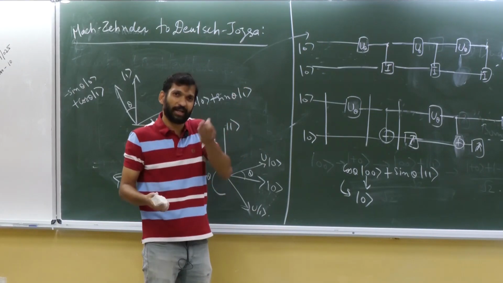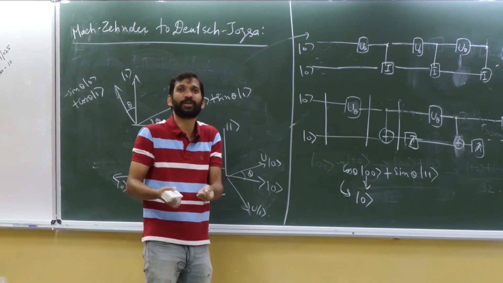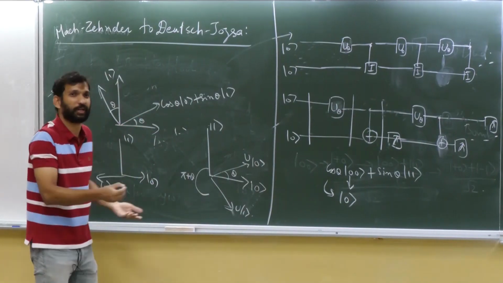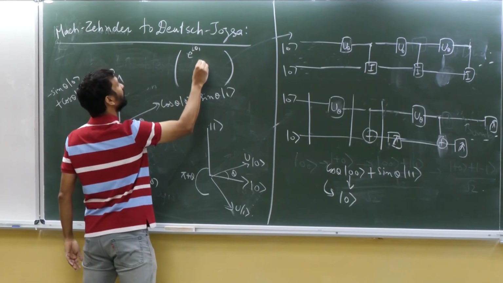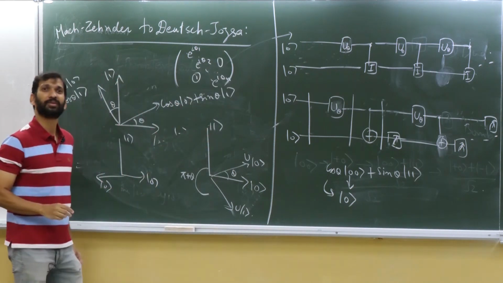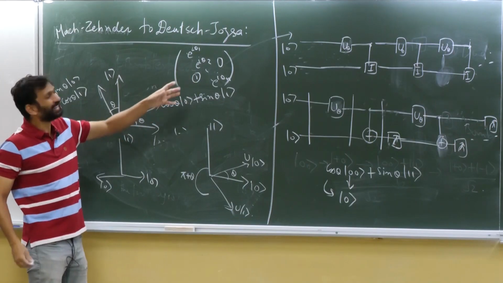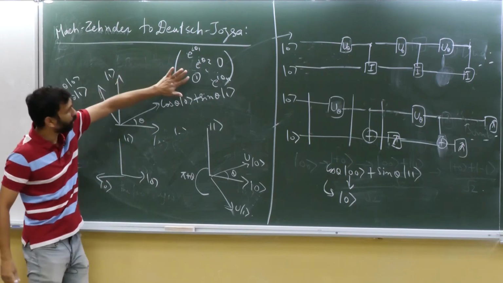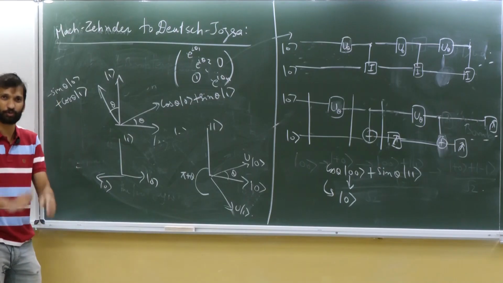You put any diagonal matrix with complex coefficients, e to the i theta 1, e to the i theta 2. That's clearly a unitary, right? Those are kind of trivial unitaries which we did not take into account. But you won't call it a rotation, right? So modulo these trivial unitaries, everything is a rotation. Thank you for correcting me.